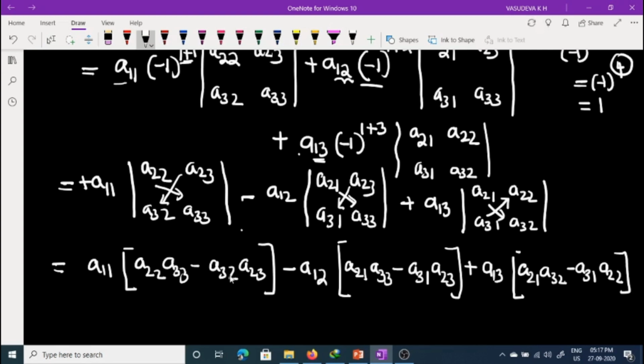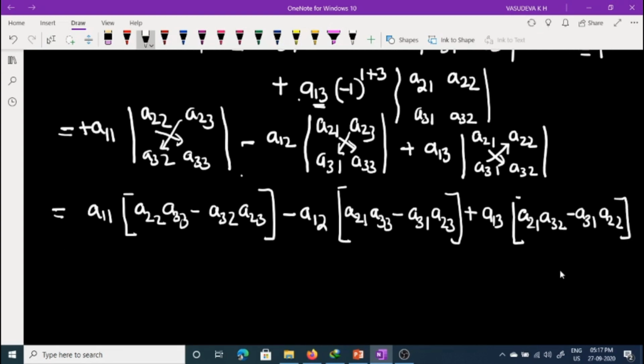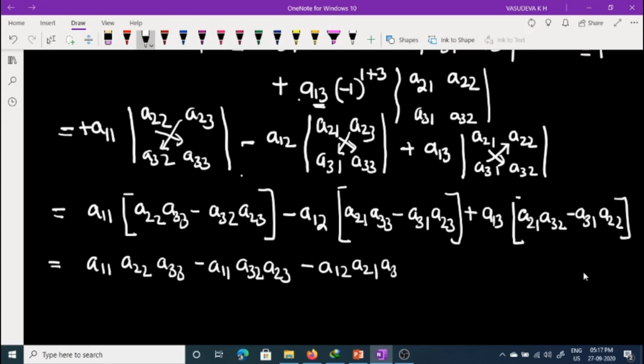Now we can simplify this. It equals A11 into A22, A33 minus A11, A32, A23 minus A12, A21, A33.